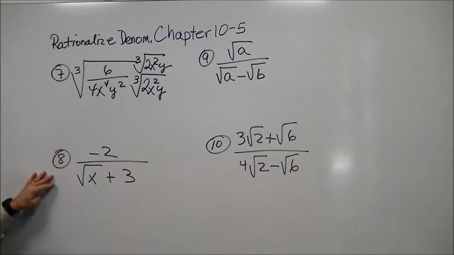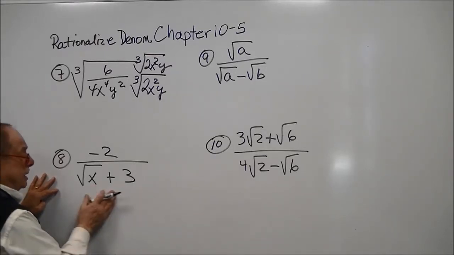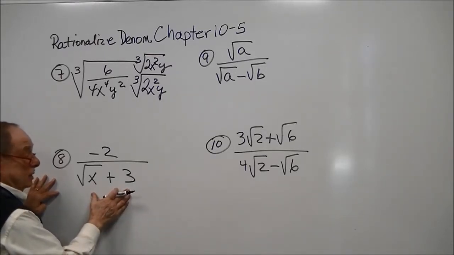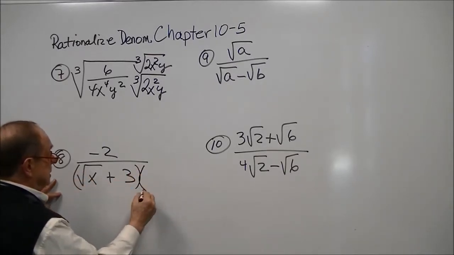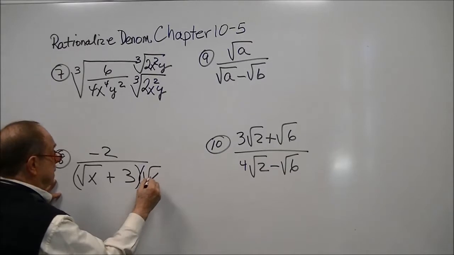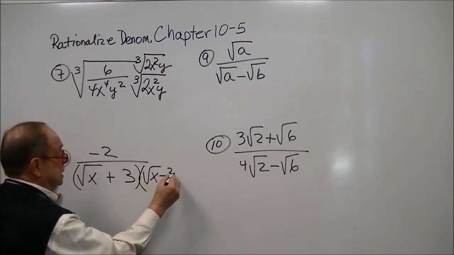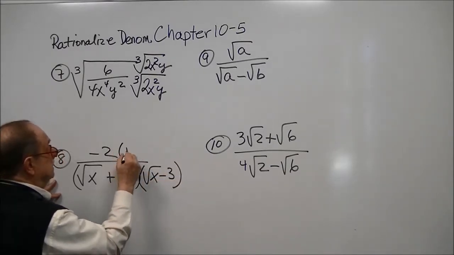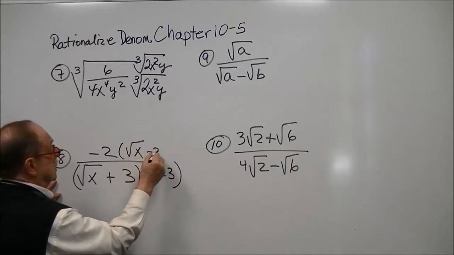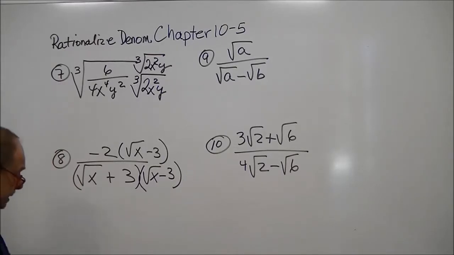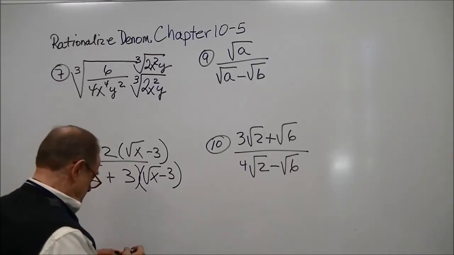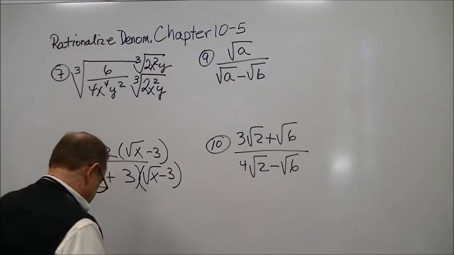In number 8, here we have a binomial, so we have to multiply it by its conjugate, the square root of x minus 3. And in number 9, again, multiply it by its conjugate, and I probably should change color.